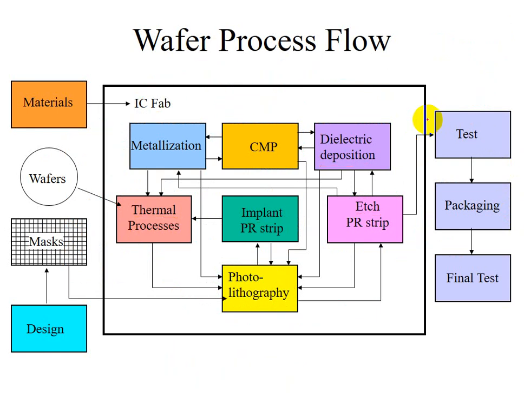This is the process flow we have seen in the last lecture. To the left, you have raw materials, including electronic materials, chemicals, acid, gas, etc. You have wafer, and then mask from the design house, where your electronic design layout was transferred to the mask.